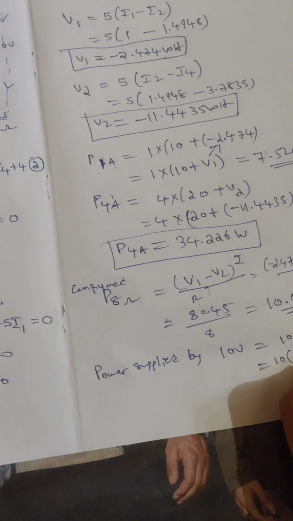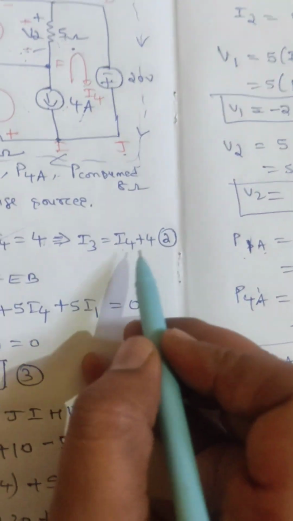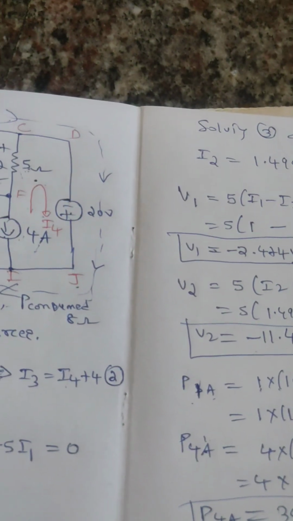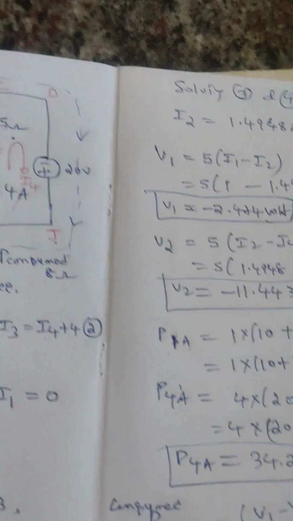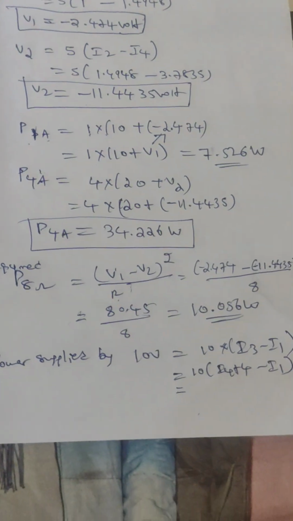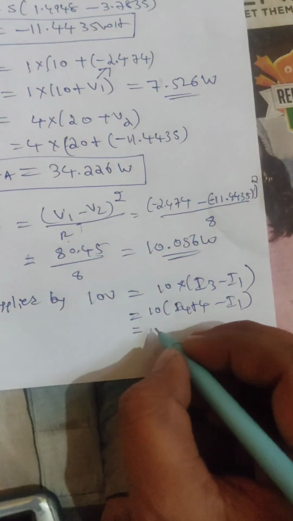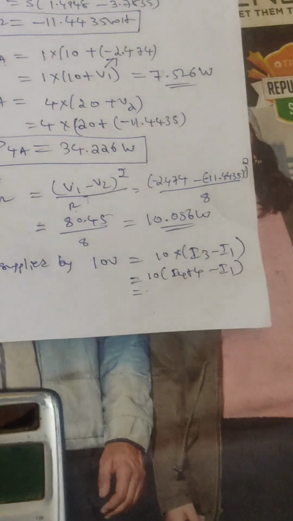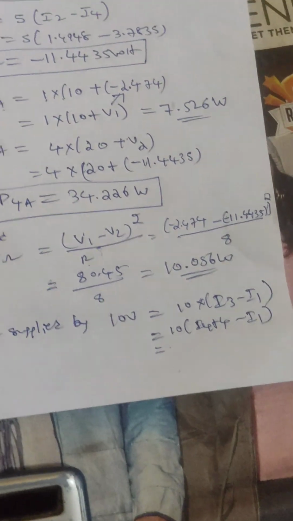I3 we have not yet calculated. So what is I3? I3 is I4 plus 4. So I4 plus 4 minus I1. Now enter all the values. So that is 10 into, open bracket, what is the value of I4?